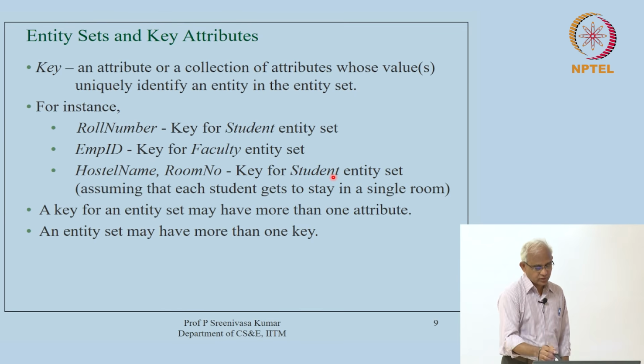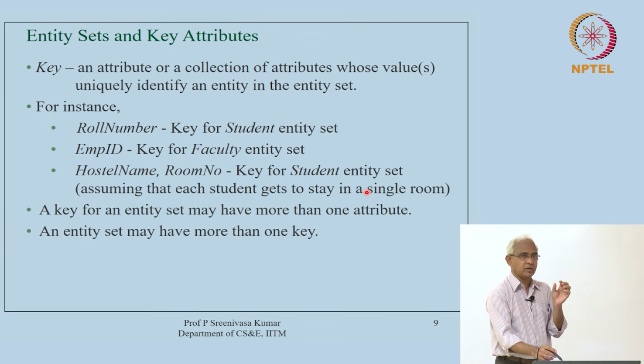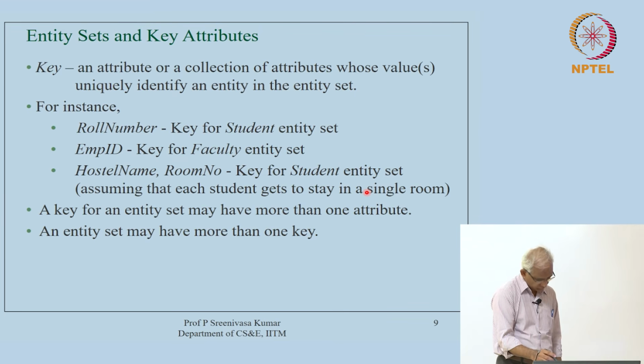The institute also gives brief abbreviated names for faculty, so that they can be identified uniquely using that abbreviated name. Okay. So, the point I am trying to convey here is that an entity set may have more than one key, and a key can have more than one attribute also.